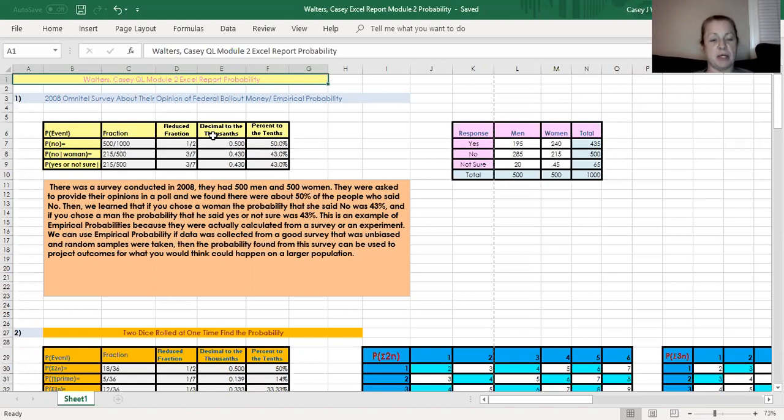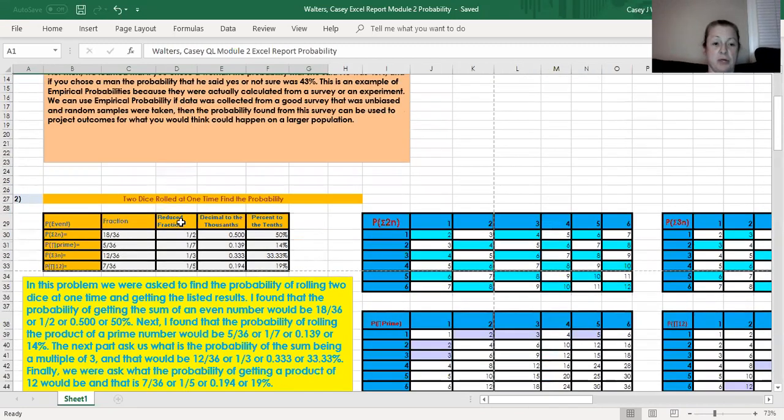And then in the next one, we were asked to put it in decimal to the thousandths and then percent to the tenths. And over here, I actually have the responses from all parties involved in the survey, and then separated with men, women, and then all together. And then that is how I was able to get my outcomes.